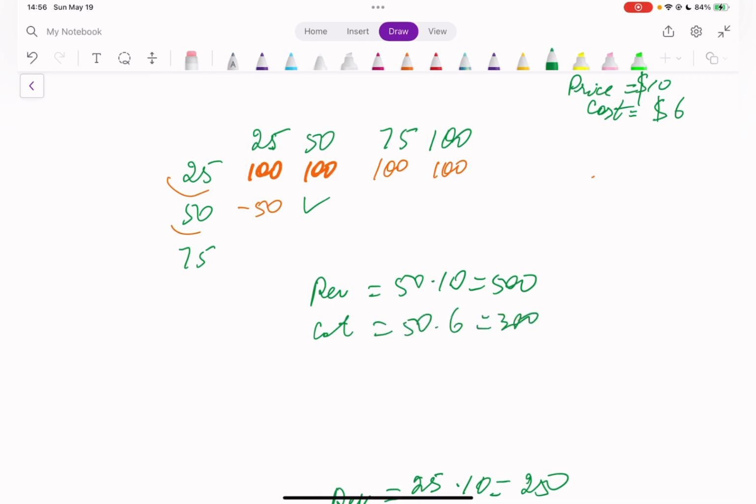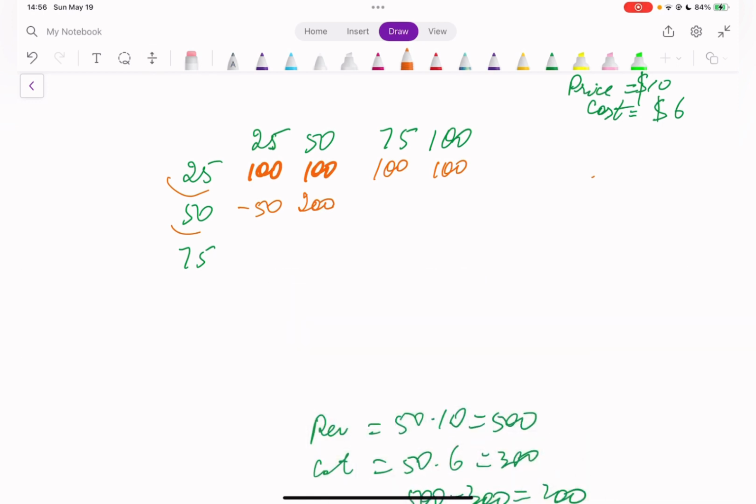So profit is going to be 200, right? Next, 50 and 75. So we're going to provide 50 again, right? Although demand is 75, we provide 50.